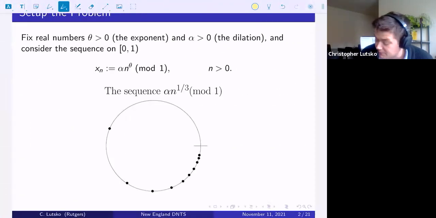Alternatively, you could have an exponent less than 1, in which case your points will sort of bunch up, like I've drawn here. But once you start going around the circle again, you start to fill in the gaps. Okay, so that's the setup.